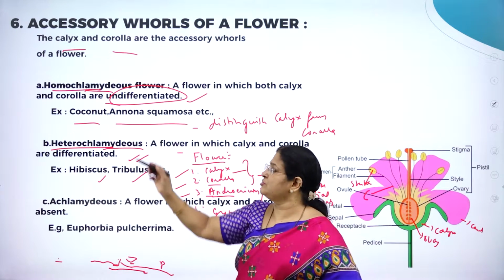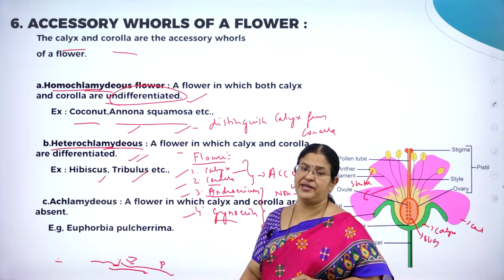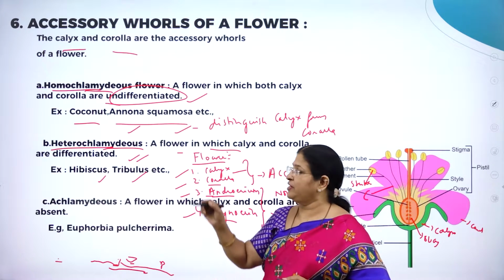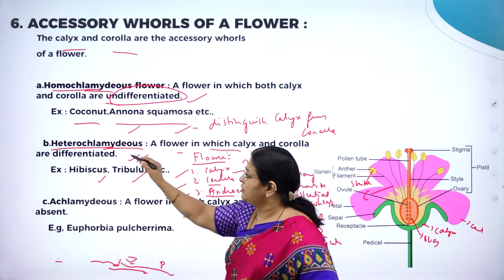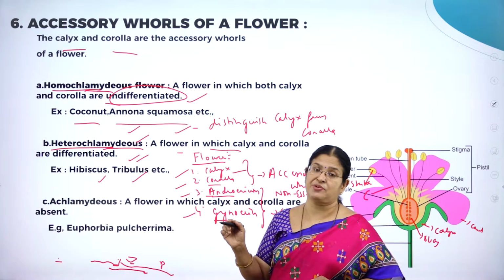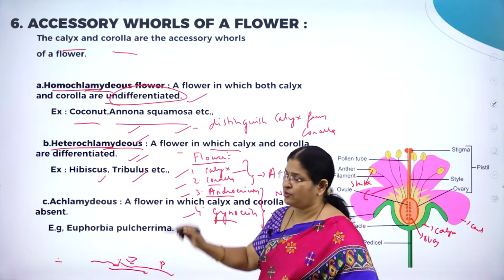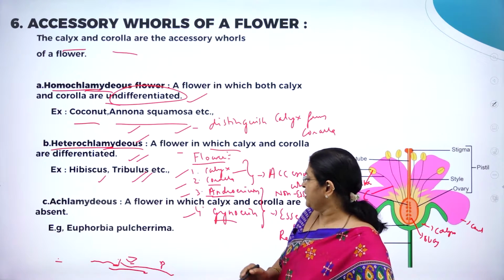What are the examples you take? Coconut and Annona squamosa. What do you mean by heterochlamydious? When you are able to distinguish the calyx from corolla, that this is calyx, this is corolla, that condition is called heterochlamydious. Example, hibiscus and tribulus.